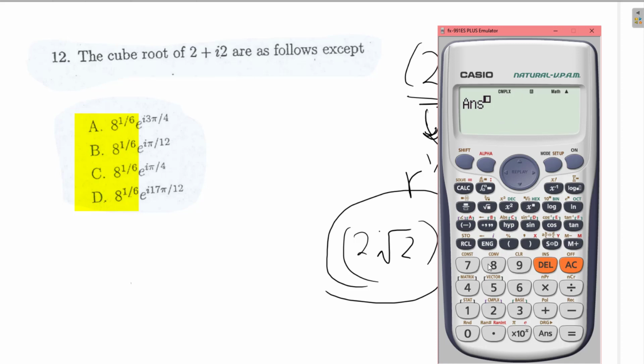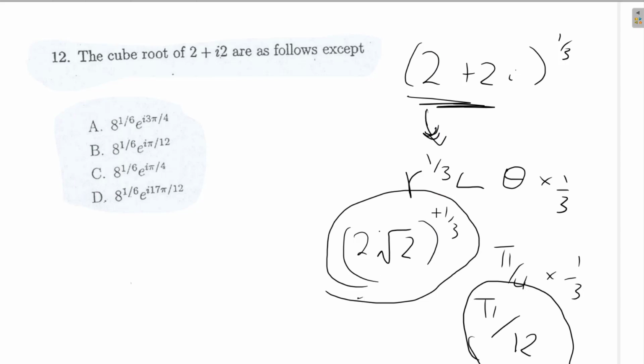Let me raise this to the power 6. So 2 root 2 raised to the power 1 over 3 is 8 raised to the power 1 over 6, as we have in our question. So all these are possible roots except for one.